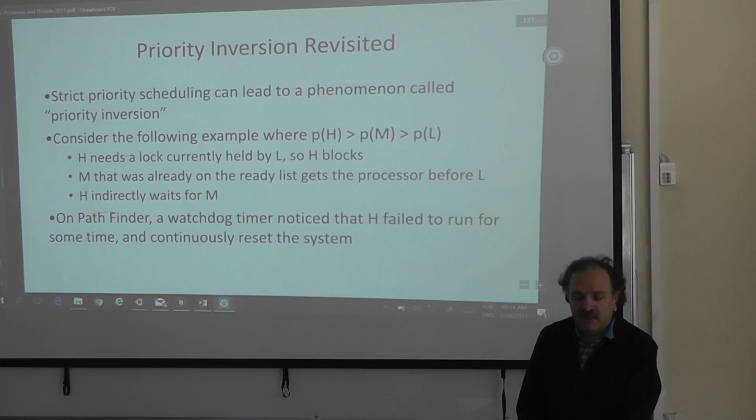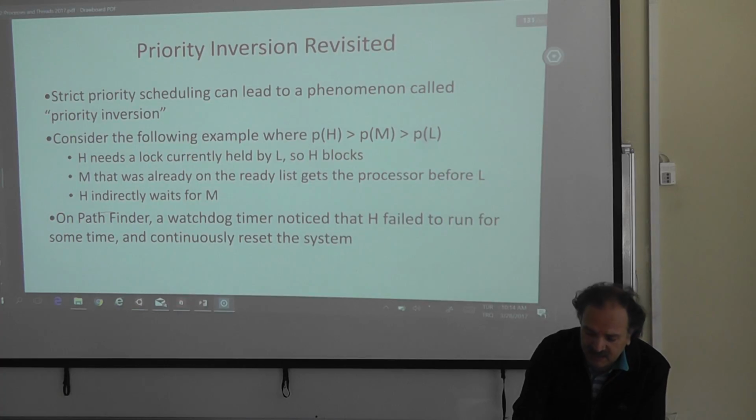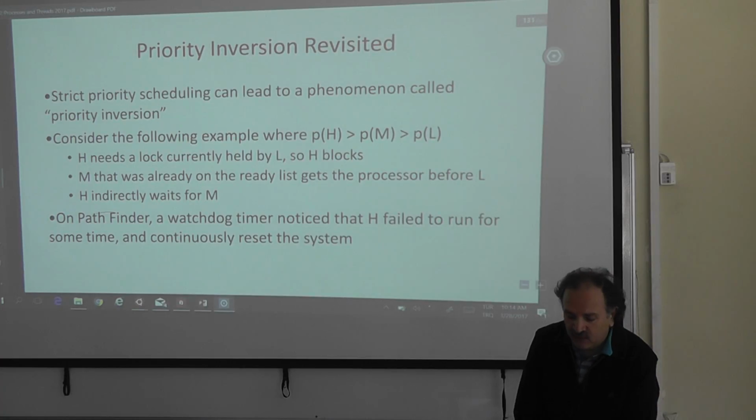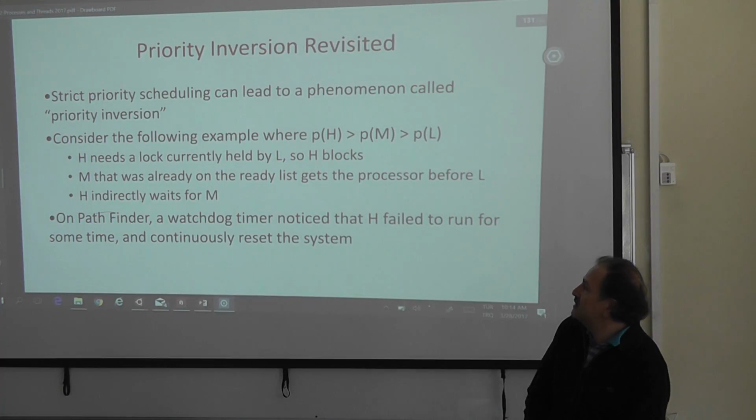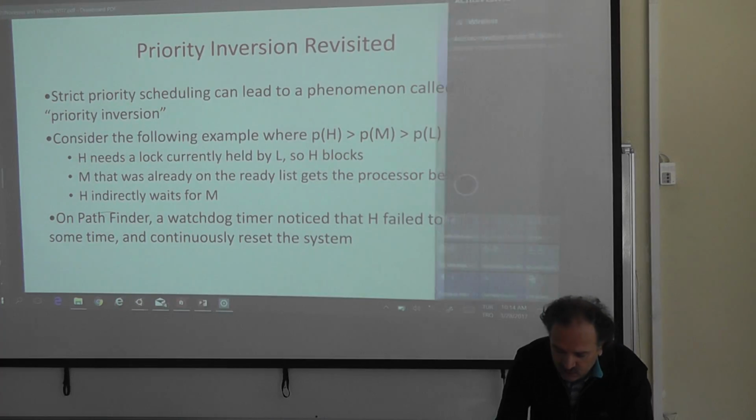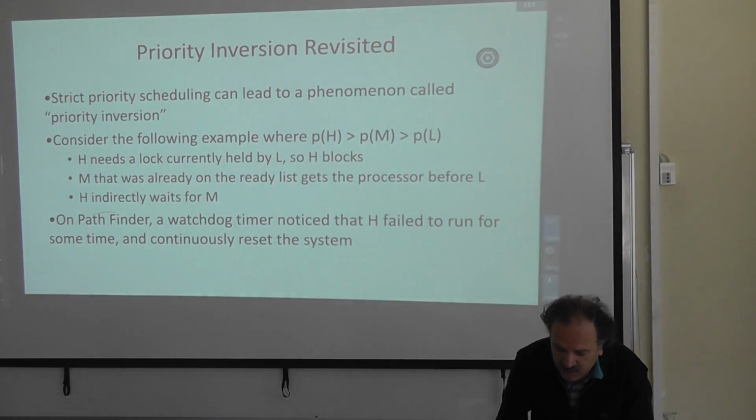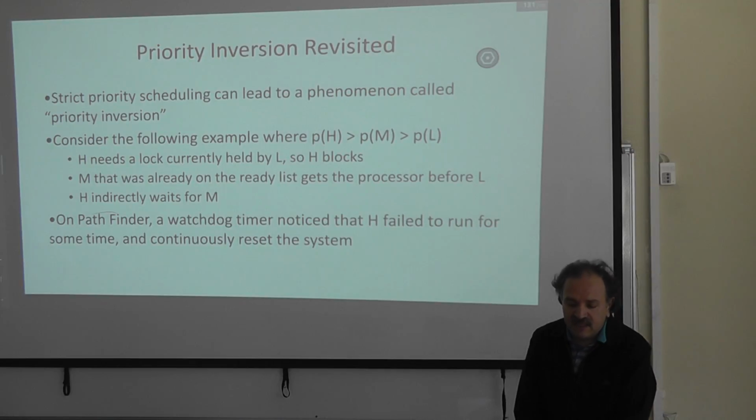M starts running, and if M is a CPU bound process, it will keep running, and it will never let L run because L has a lower priority. In this case, since L holds the lock, and it will not get any chance to use the CPU, it will never release the lock.